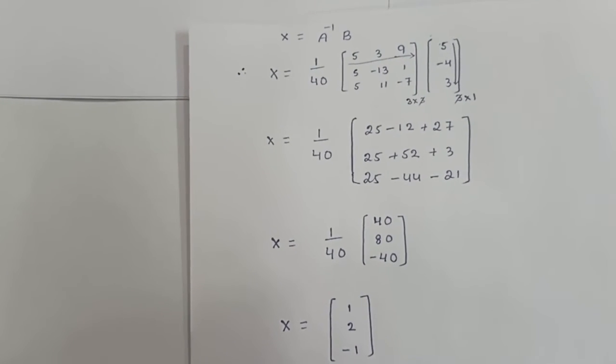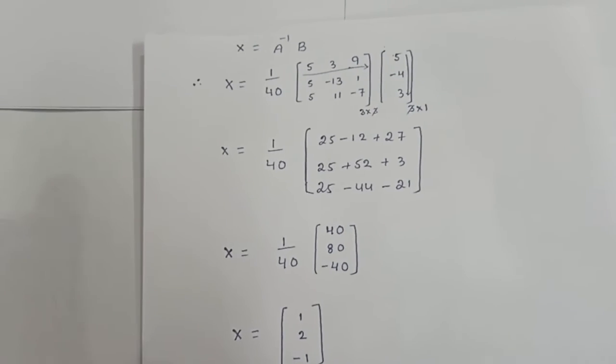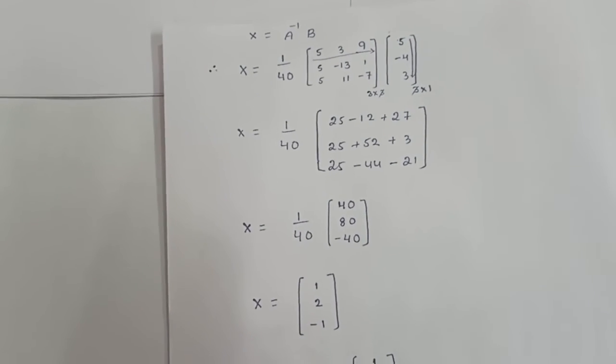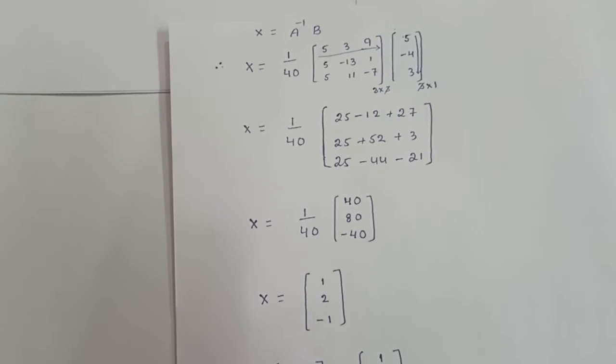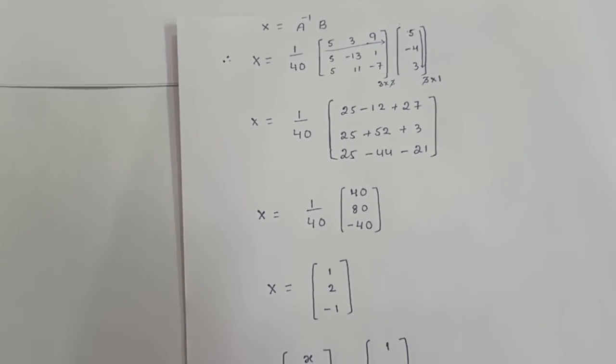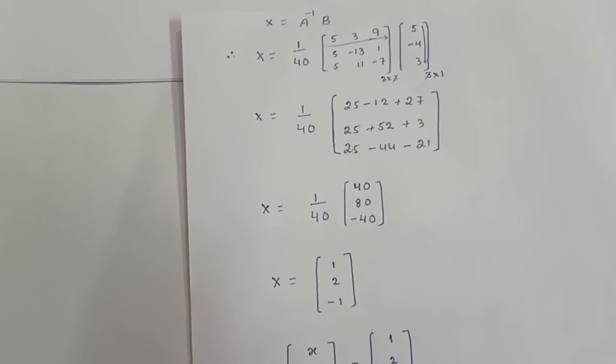And what is the B here? 5, minus 4, 3. Therefore X equal to 1 by 40 into the matrix multiplication. Here what is the order of the matrix? 3 by 3. Here the order is 3 by 1. Then the 3 and 3 get cancelled, and you will get a 3 by 1 matrix.